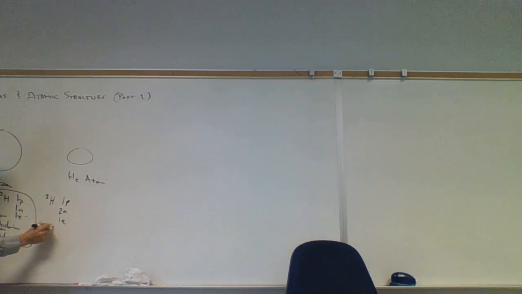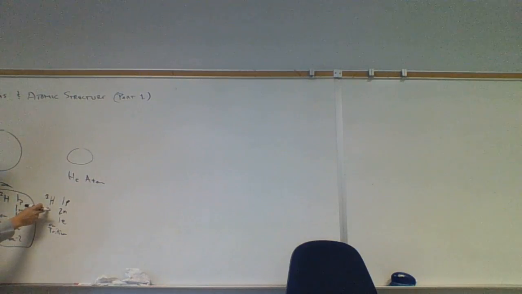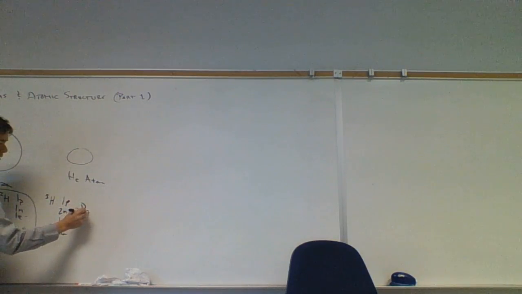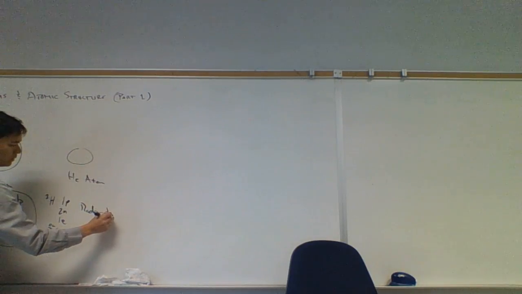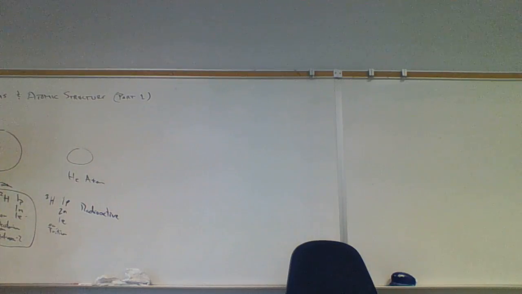Okay, this one is called tritium. Again, this gets a special name. So chemically, tritium is the same, except it's an unstable atom. This is what we call a radioactive atom. So we separate chemical properties from radioactive properties.